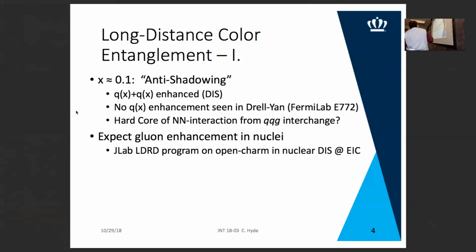And one idea is that at short distance, okay, so we had a lot of talk about pn pairs in certain scaling range versus pp pairs, but what is the hard core, or what is the short distance nucleon interaction? Long distance, we have a picture of meson exchange, and so we have Q-Q-bar exchanges dominating. And so whatever is sensitive to that should show up sort of equally in Q and Q-bar.